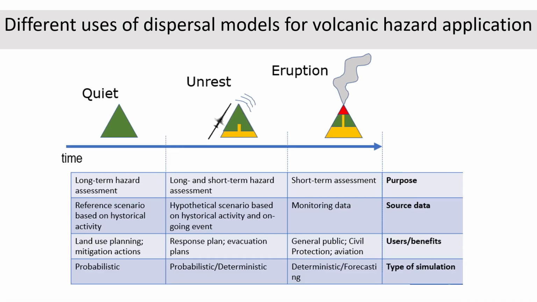In addition to that, it is a recent, quite well-established procedure to produce the probabilistic forecast, so running the code while perturbing either the eruption source parameters or the meteorology itself, in order to be capable also of communicating the uncertainty associated with the forecast.